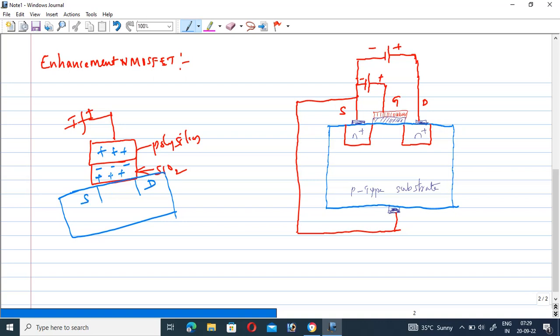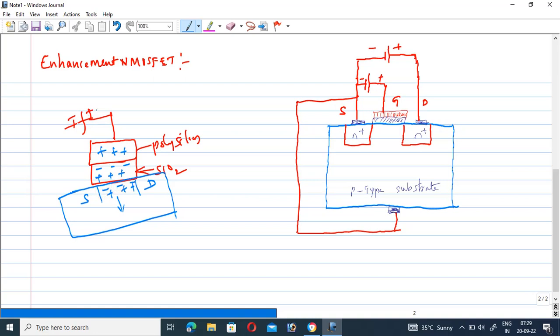When the positive charges are accommodated in the silicon dioxide layer on the bottom side, these positive charges repel the positive ions present in this region. That means these are moved in this direction. Therefore, at this place only negative charges take place.